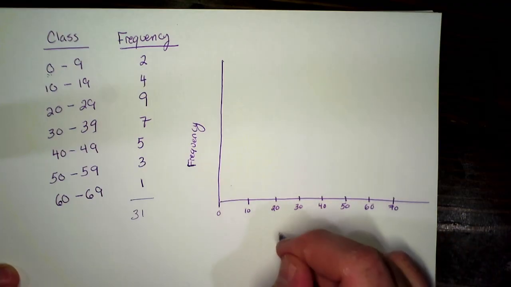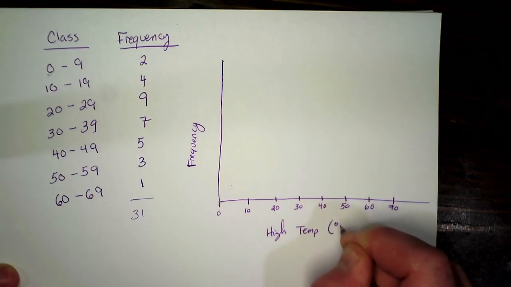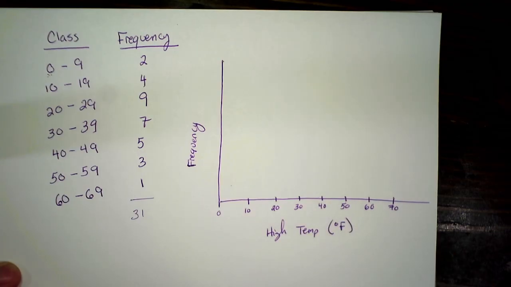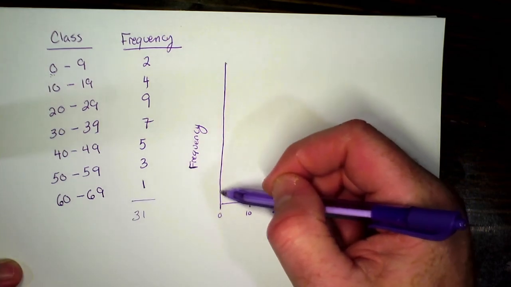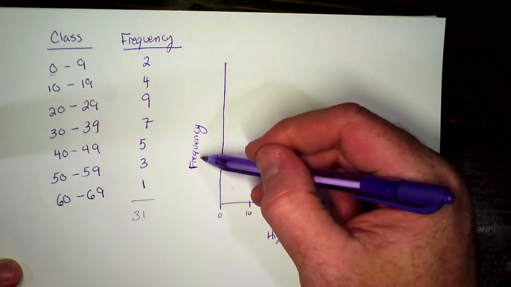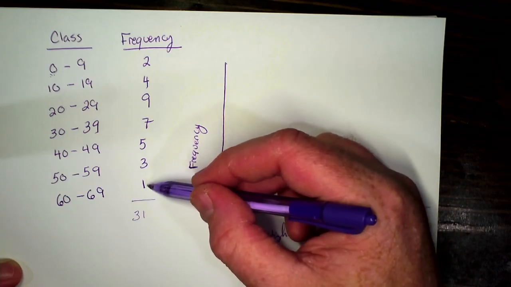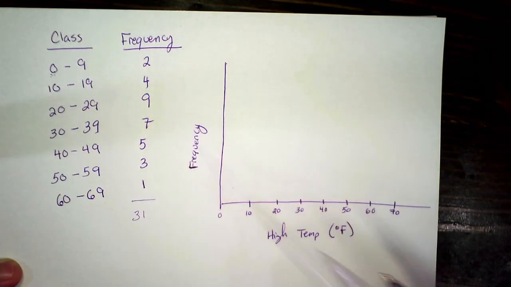All right, so what do we have here? We have high temperatures in degrees Fahrenheit. Now we're about ready to make our bars, but we need to know how to section off our vertical axis. Our frequencies go as low as 1 and as high as 9. Sometimes you might even have a 0 in here somewhere, and that's fine.